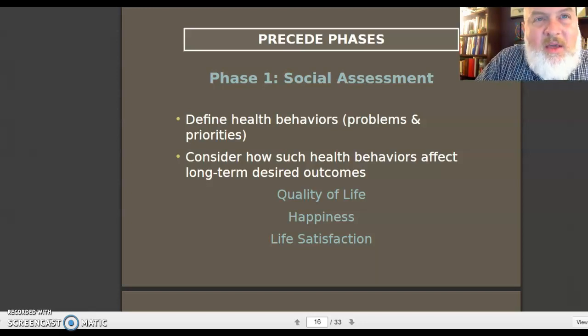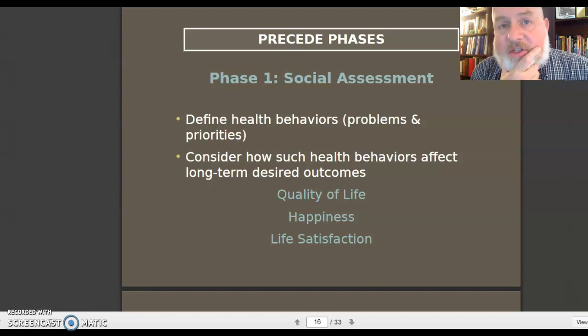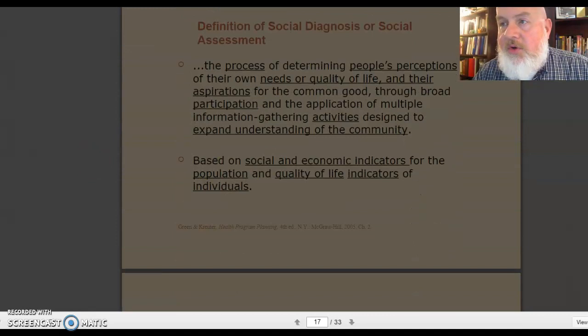And you may be thinking, well, happiness, quality of life, and life satisfaction, these are things that we do find important, because think about any time you've ever done a patient satisfaction survey, if you've gone in to see your doctor. What does this sound like? Maybe you've had some experiences that way within your own hospital. You can also look at one of the aspects of social determinants of health.